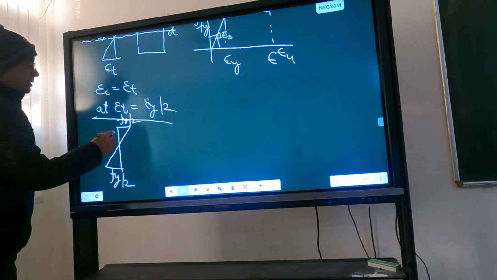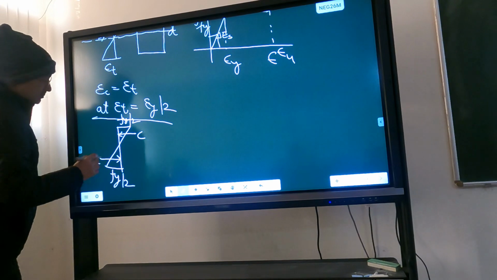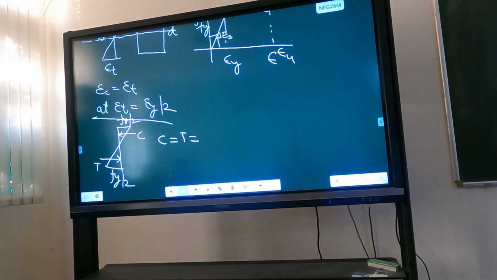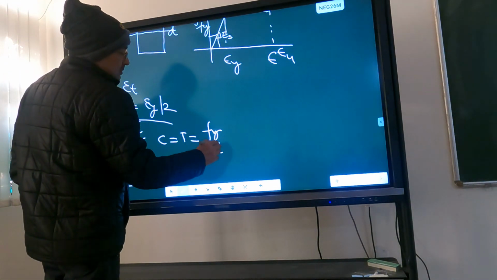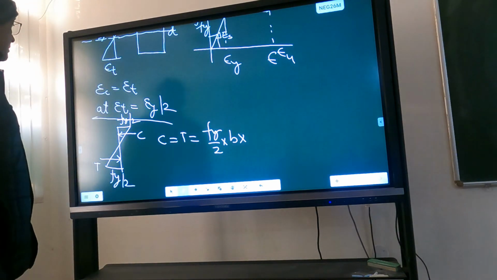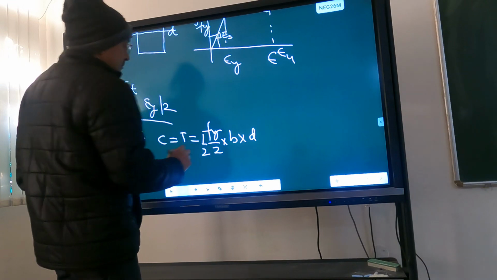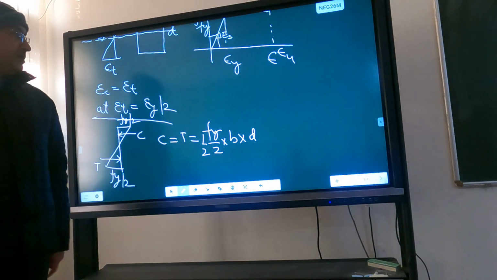Can you calculate C and T? In this case, C will be equal to T, and that will be equal to Fy by 2 into b into d and 1 upon 2. Yes, 1 upon 2 I have taken here.